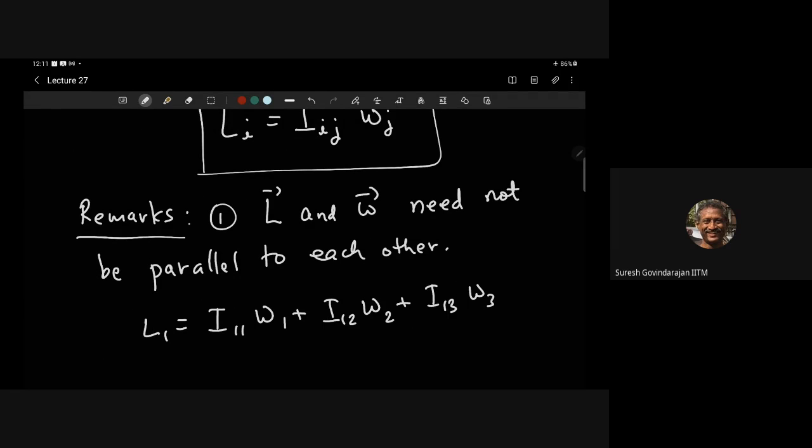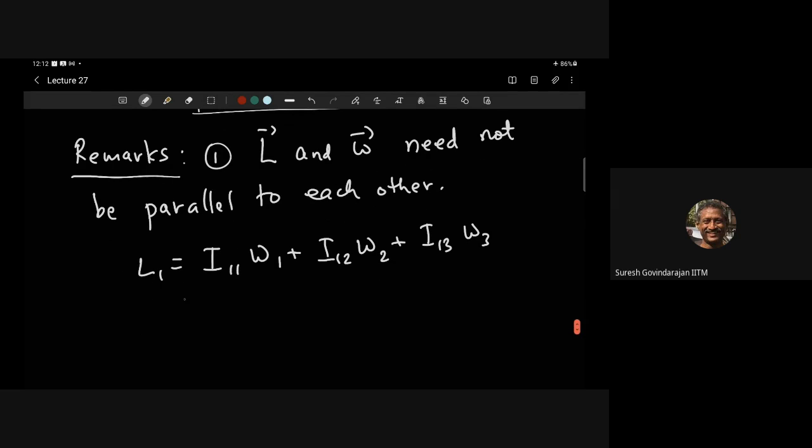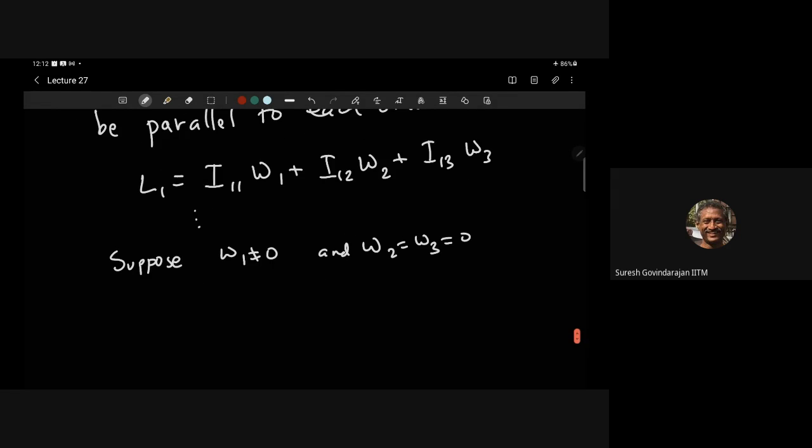And you can see that, let's consider a simple case. Suppose omega 1 is not 0, and omega 2 and omega 3 are 0. Then L1 will be just I11 omega 1, which means omega is along e1 prime.